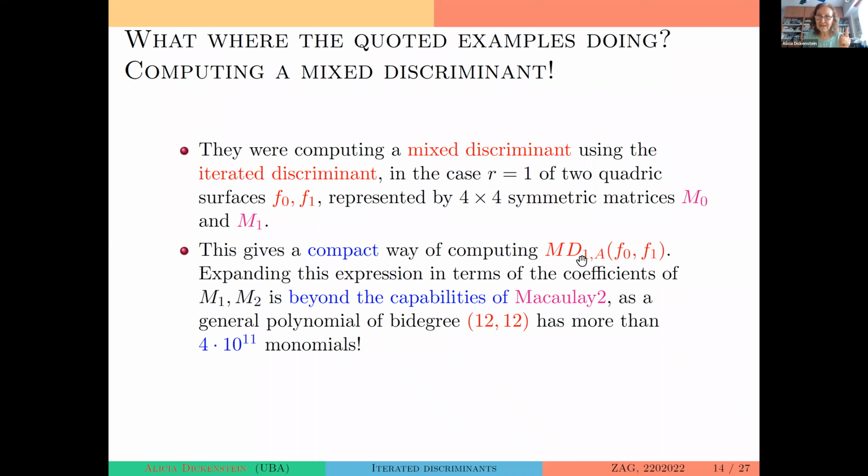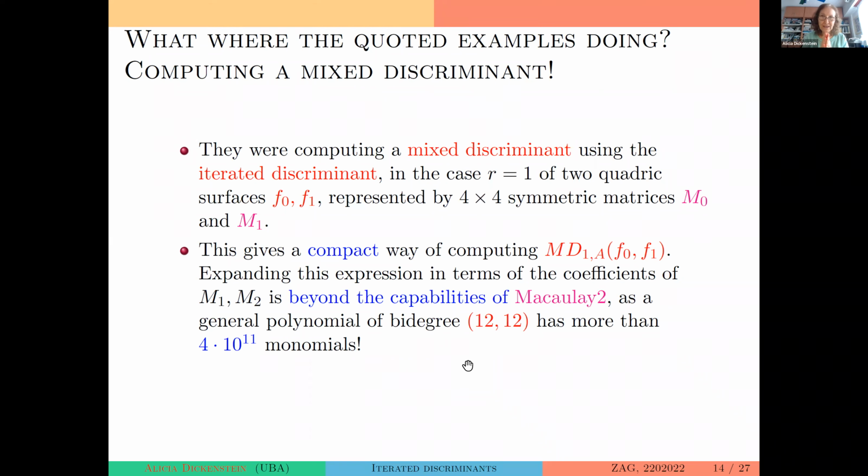This one is a little bit misleading. One means that you have two because we have r plus one. So this is r. So this means that we have two polynomials. And what is interesting is this: if you try to expand this expression in terms of the coefficients of M2, this is beyond, at least 2 years ago, beyond the capabilities of Macaulay 2.